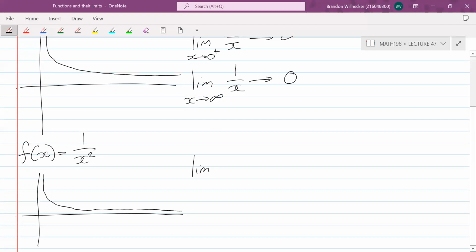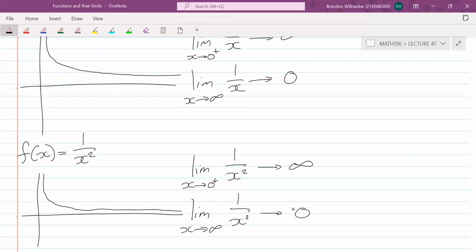So if we take the limit as x approaches 0 plus of 1 over x squared, this also goes to infinity. And if we take the limit as x goes to infinity of 1 over x squared, this will also go to 0. Okay, that's because the denominator is getting larger and larger, and so the fraction as a whole will get smaller and smaller. So in the limit, it goes to 0.